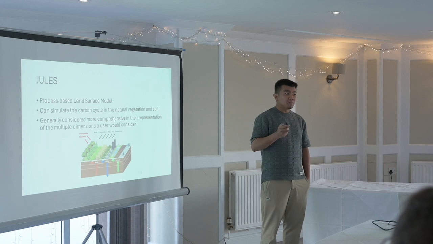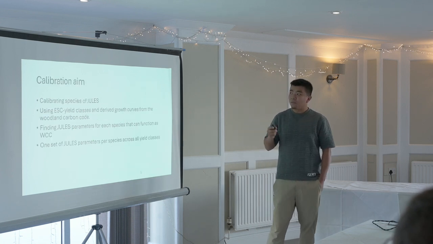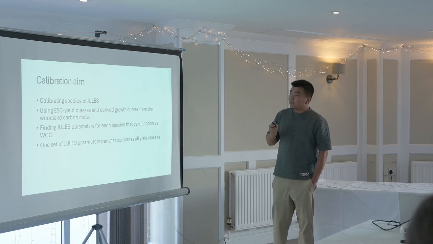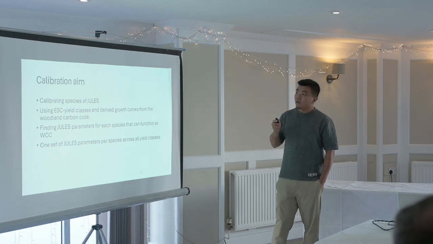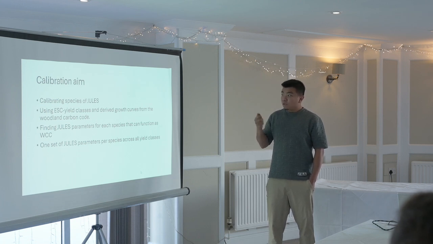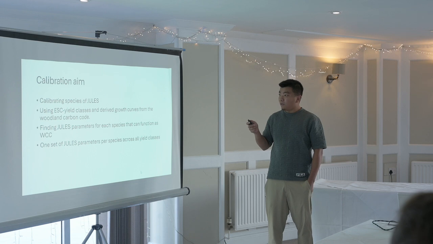And so our mission, for the first part of this talk, is to calibrate JULES to WCC. Basically, we want to calibrate JULES based on the yield classes and direct growth curves from WCC, which means we want to find JULES parameters for each species that can function as WCC.